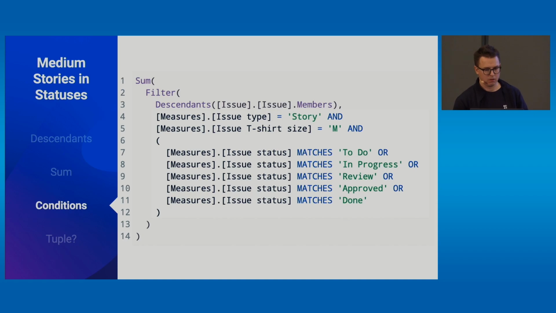The conditions are based on the issue type and t-shirt size. And then there are particular statuses. And one issue can be in a single status at a time. So if we would narrow down the scope that it's not visible here, we would see that issue type, t-shirt size, and status kind of could form something similar to a tuple.